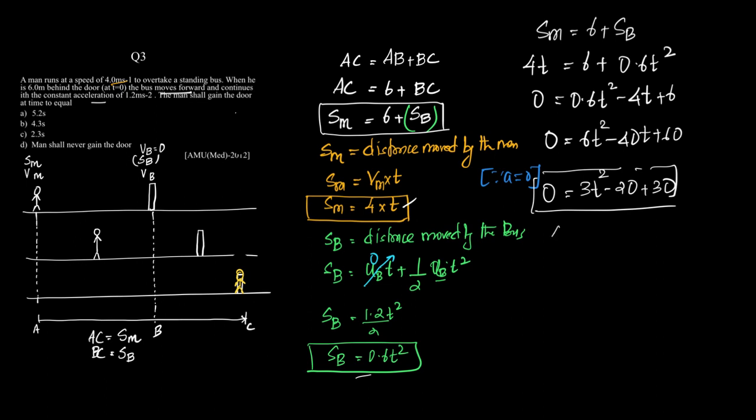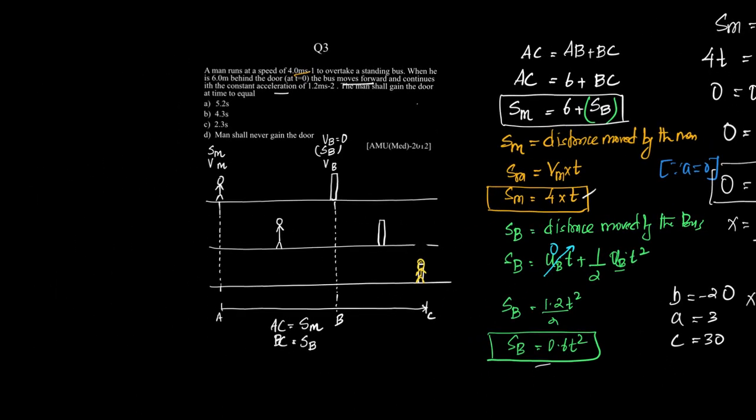Here we can find the roots by x is equal to minus b plus or minus root of b square minus 4ac by 2a. B is minus 20, a is 3, and c is 30. So what do we get? Okay, we'll solve the value of x later.